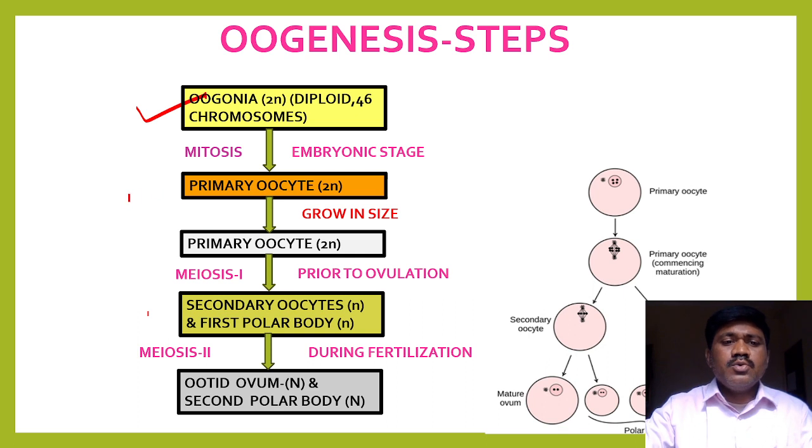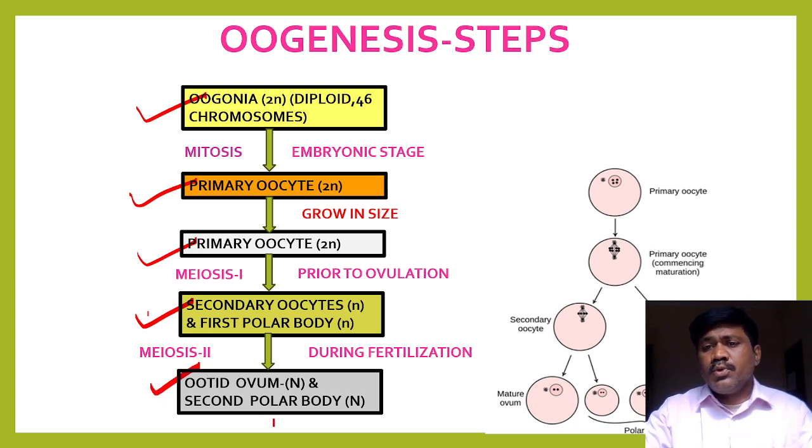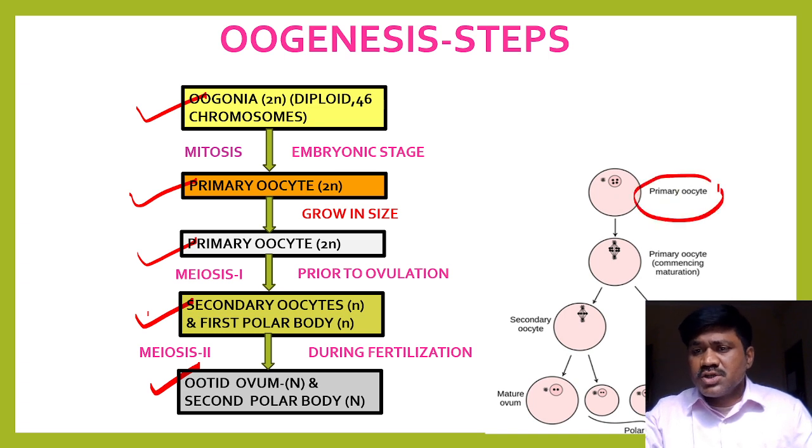Now these are the steps of the oogenesis process. Oogonia are there. From the oogonia, the primary oocyte will be formed. Primary oocytes undergo meiosis; they form the secondary oocyte and first polar body, and then develop into the ovum and second polar body. So from the primary oocyte, the secondary oocyte and first polar body will be formed.